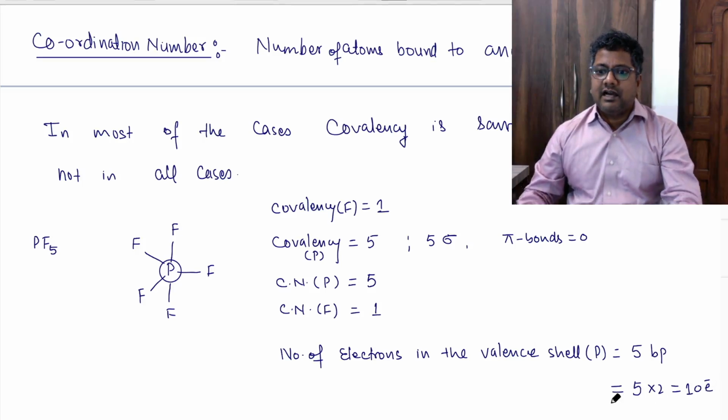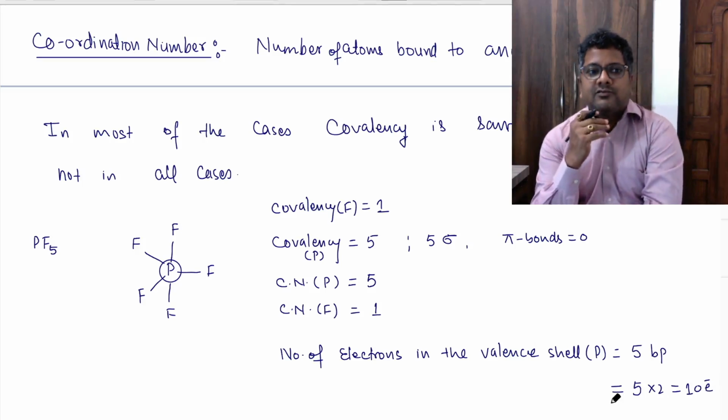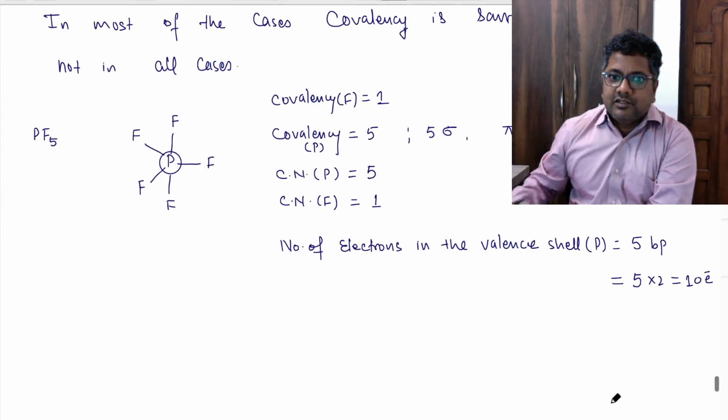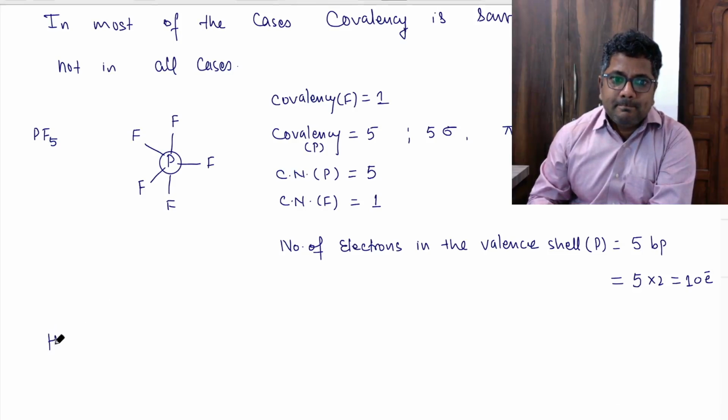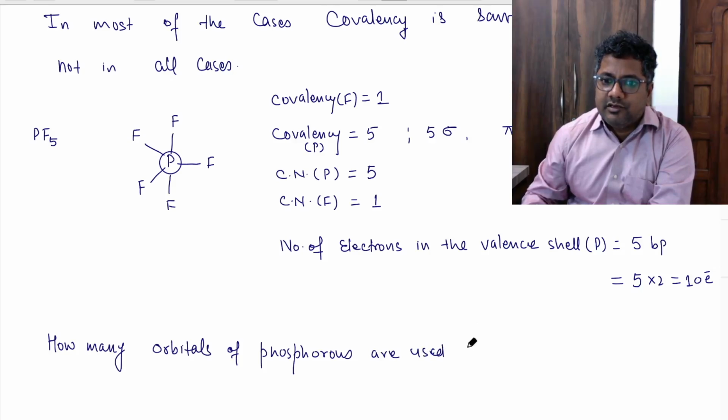So if someone asks, tell how many orbitals of phosphorus are used here in this molecule?